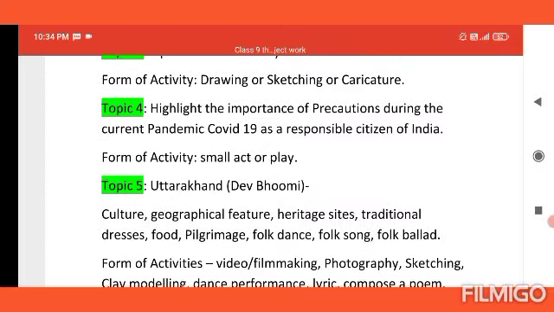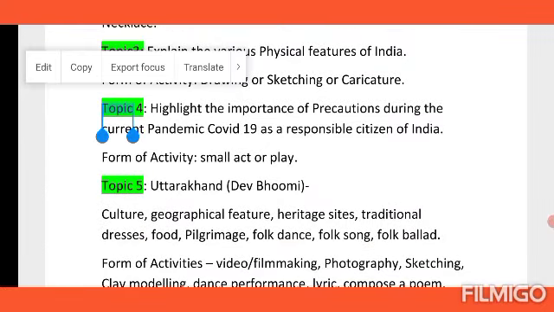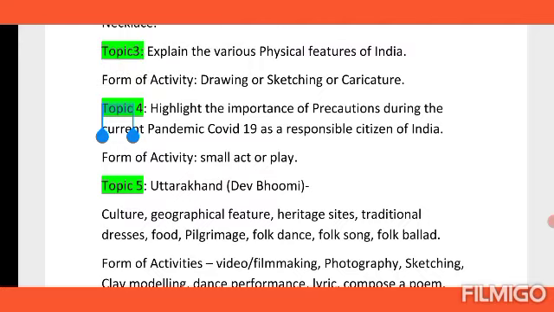Fourth topic is here, highlight the importance of precautions during the current pandemic COVID-19 as a responsible citizen of India. What are the precautions which have been told to you again and again in the class? We have given you many PDFs also where various instructions were given. As a citizen, what are the precautions which you have been following during this pandemic?